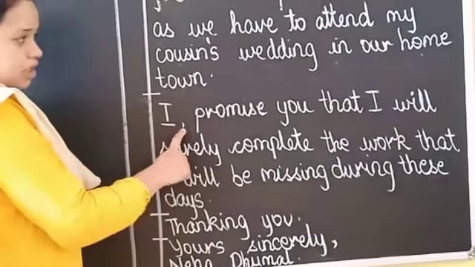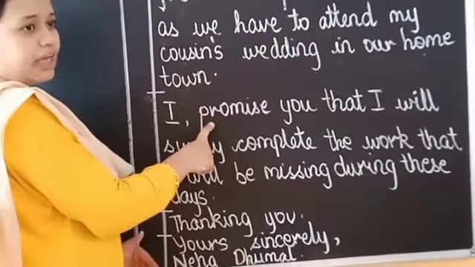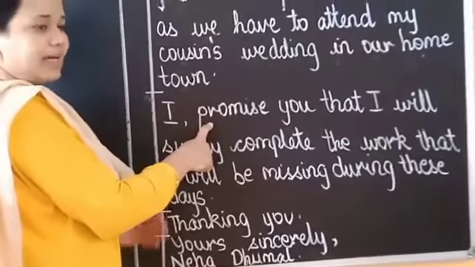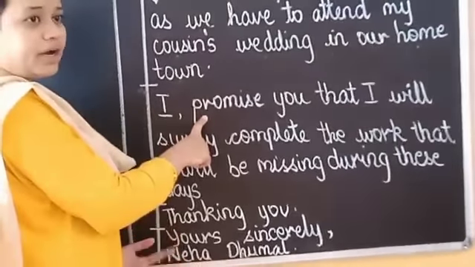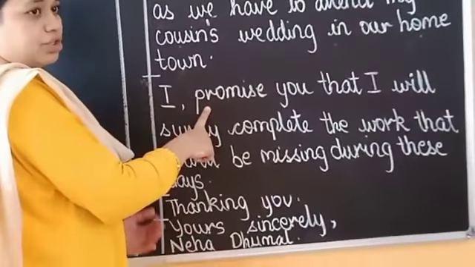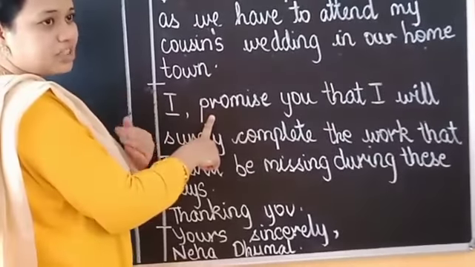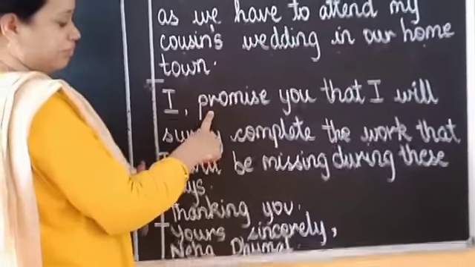I, comma. Now what are you telling principal ma'am? That when you are not going to be there in school, surely homework or some classwork is going to be done and you are going to miss it. Isn't that so? So when you come back, you are going to complete all that. You need to promise this. Only then principal ma'am will grant you a leave.